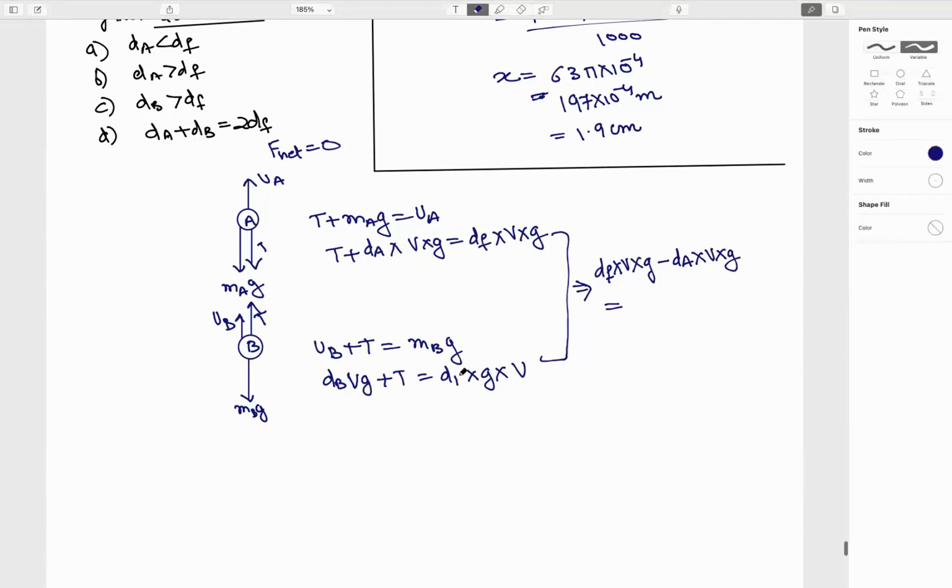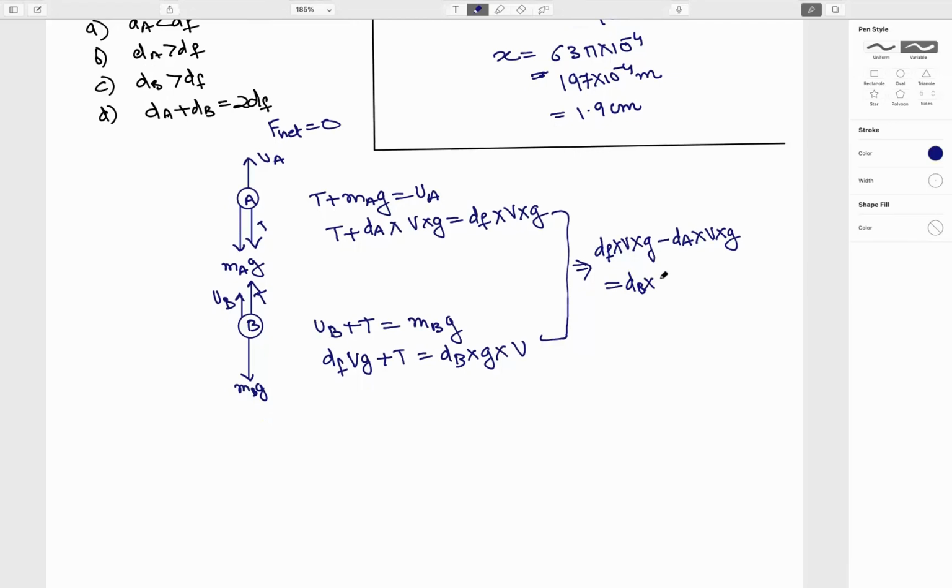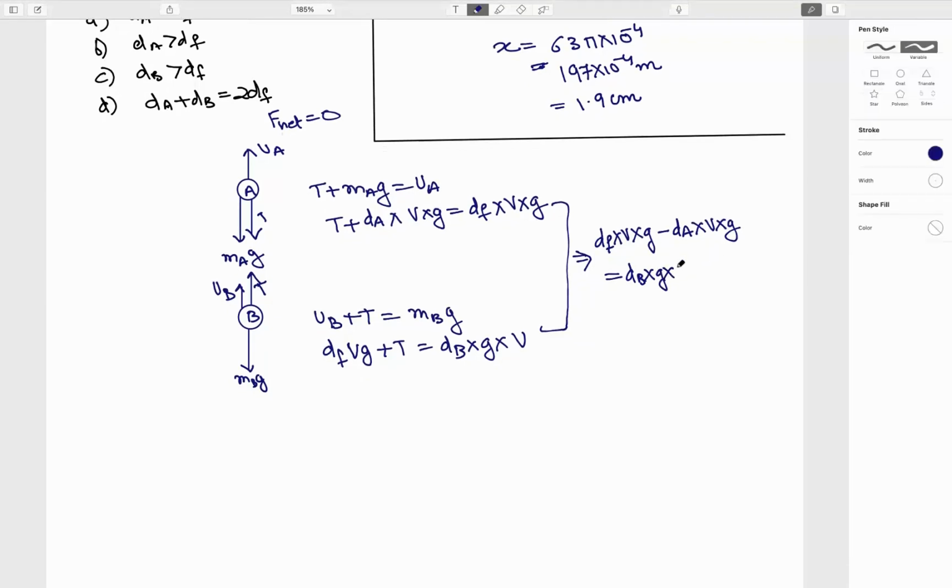This is dB, but this is dF because it's the upthrust. So dB into G into V minus dF into V into G. Okay, so from here what we get is 2dF is equal to dA plus dB.